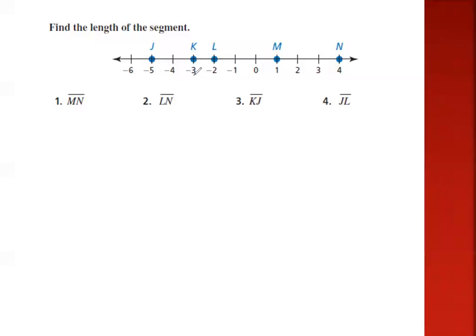Where is J? Negative 5. So it will be absolute value negative 3 minus negative 5. So the answer will be equal to 2. Exactly. What about the last one?